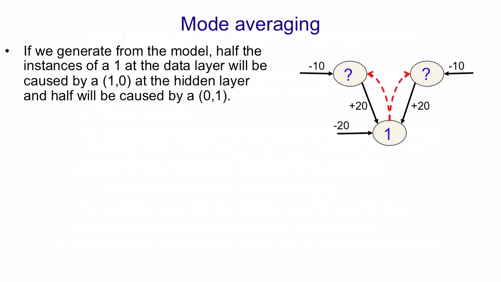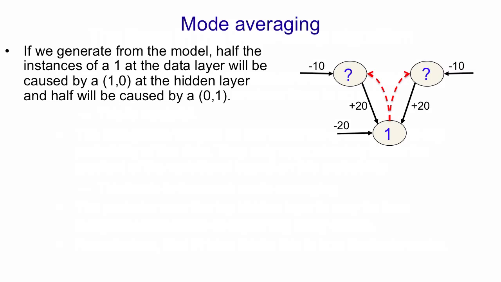When that unit turns on, there's a probability of a half that the visible unit will turn on. So if you think about the occasions on which the visible unit turns on, half those occasions have the left-hand hidden unit on, the other half of those occasions have the right-hand hidden unit on, and almost none of those occasions have neither or both units on.